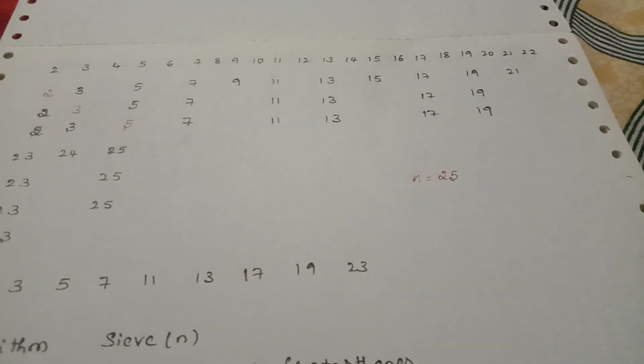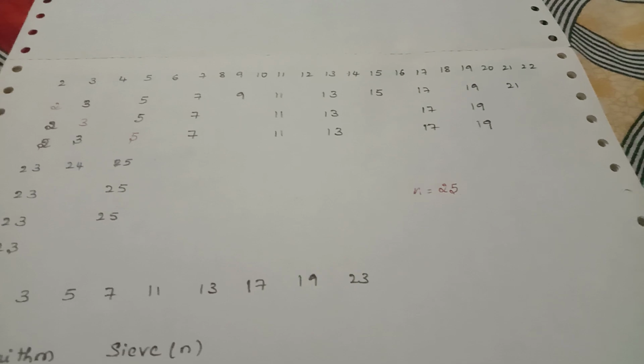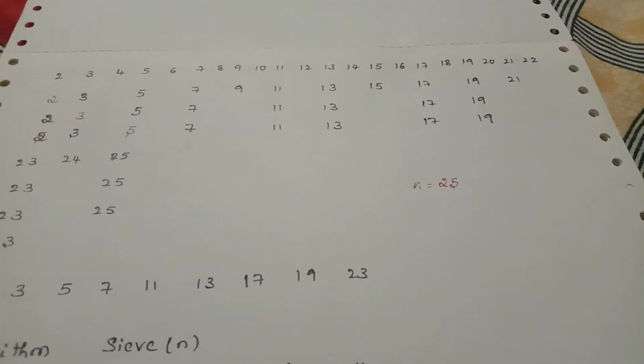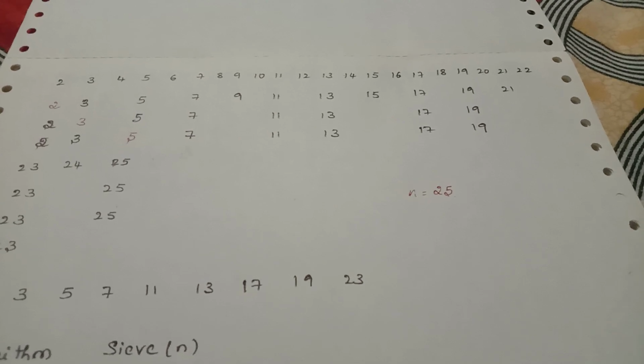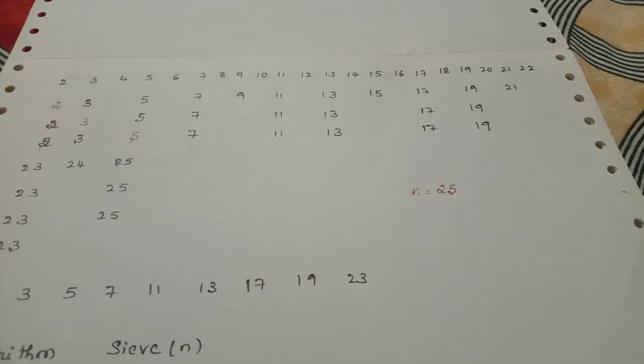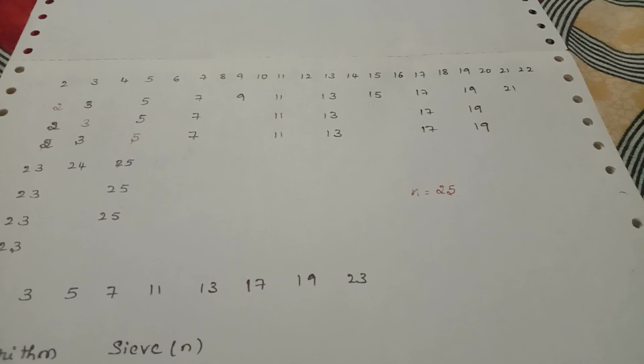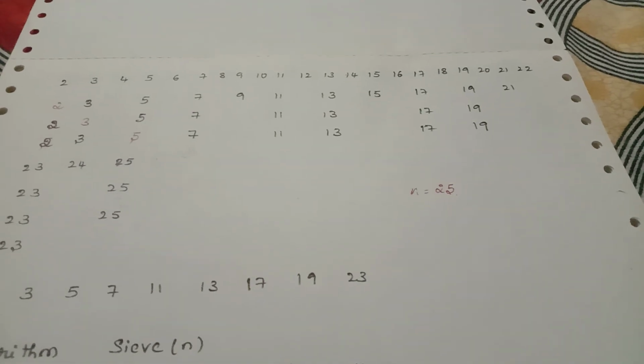In the first line, I have mentioned all the numbers, 2 to 25: 2, 3, 4, 5, 6, 7, 8, 9, 10, 11, 12, 13, 14, 15, 16, 17, 18, 19, 20, 21, 22, 23, 24, 25. You can take the n value as any number.